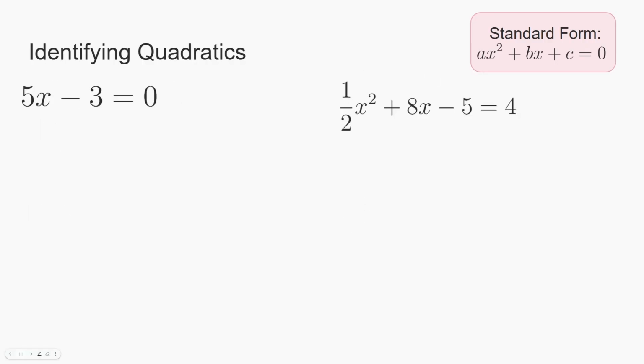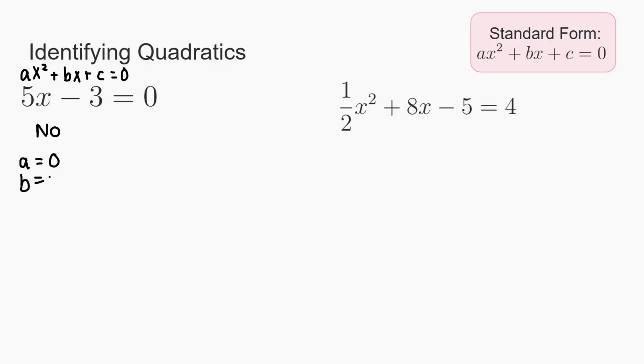Now, let's do 2 more practice problems. Is this a quadratic? 5x minus 3 equals 0. No, it's not a quadratic. It's not a quadratic because there's no x squared term. But another way of looking at it is that if we write this out, ax squared plus bx plus c equals 0, a equals 0 because there's no x squared term.